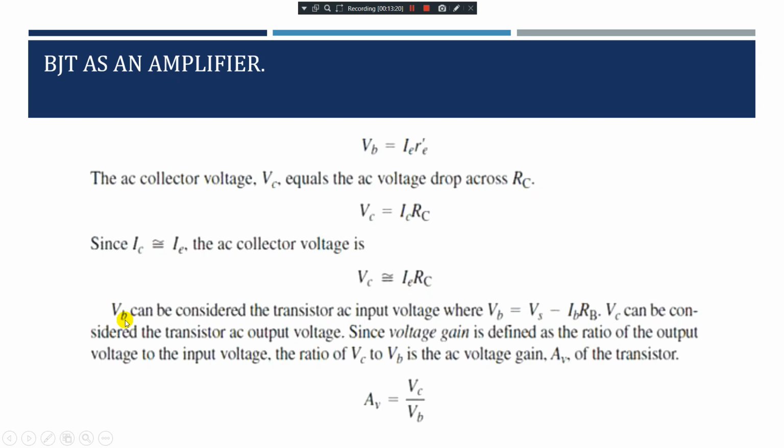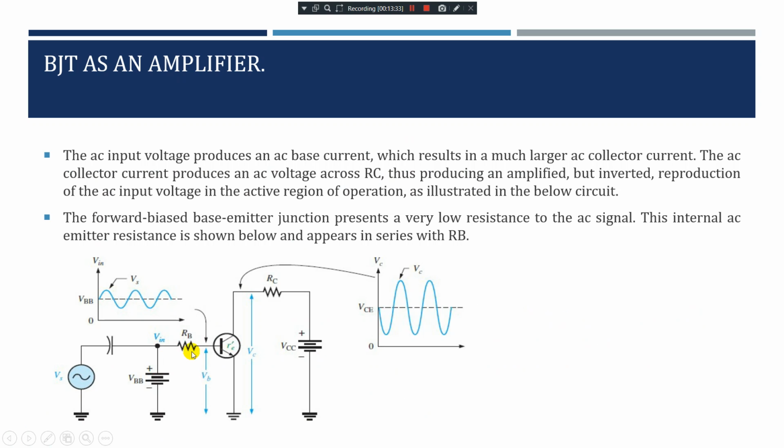Okay, next, VB can be considered the transistor input voltage, where VB is equal to Vs minus IB into RB, with Vs the source voltage. What is VB here? The voltage for your transistor base.